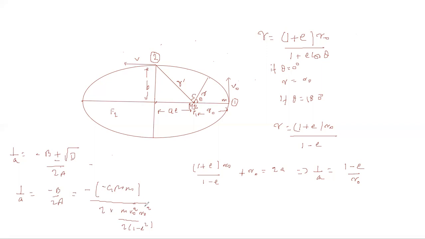So this will be equal to, after some cancellations, this m will cancel with this m, this 2 will cancel with this 2, minus minus will become plus, positive, and it will become equal to GM into 1 minus E square upon V naught square R naught square.